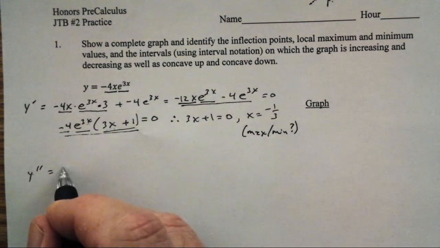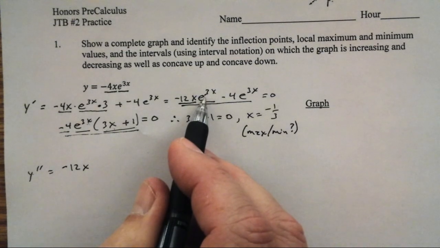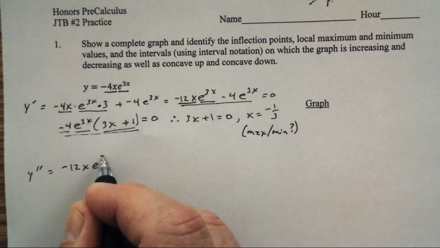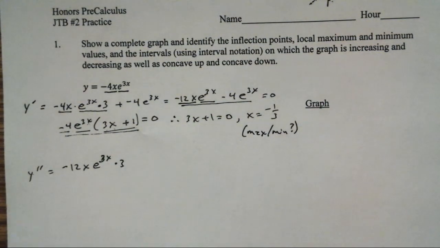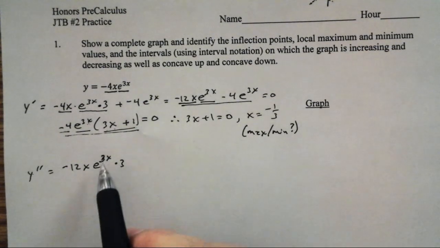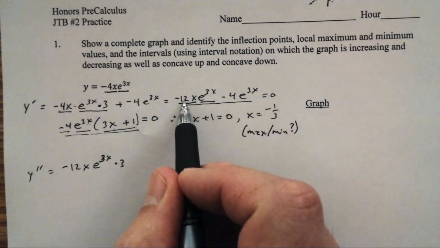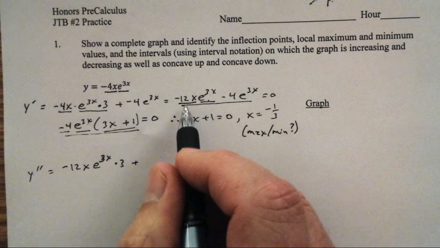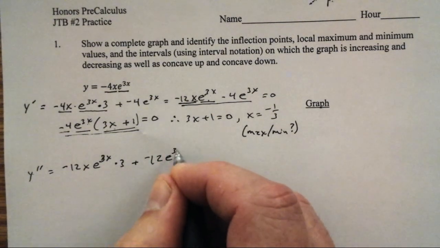So I need the plain old first function, negative 12x, times the derivative of the second. Derivative of e to the is e to the. Leave the baby function alone, and then treat the baby function. So it's the outside derivative, e to the, of the inside function, 3x, times the inside derivative, 3. So that is just plain old first times derivative of second plus derivative of first, negative 12, plain old second.